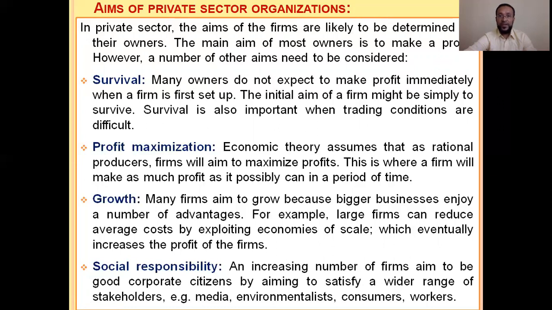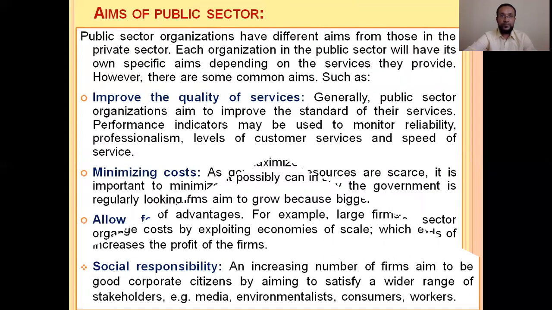For example, media, environmentalists, consumers, workers, local people, even the government. So by satisfying them, the firms want to increase their goodwill, and in this way they are trying to do their social responsibility, which is also known as corporate social responsibility, or CSR.